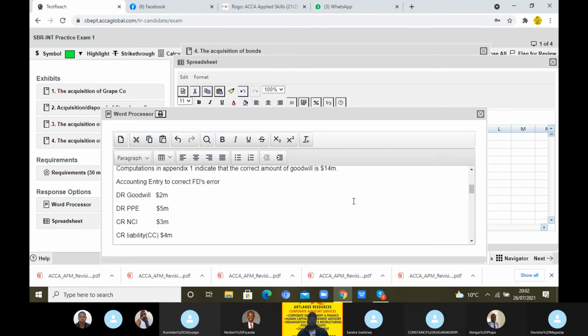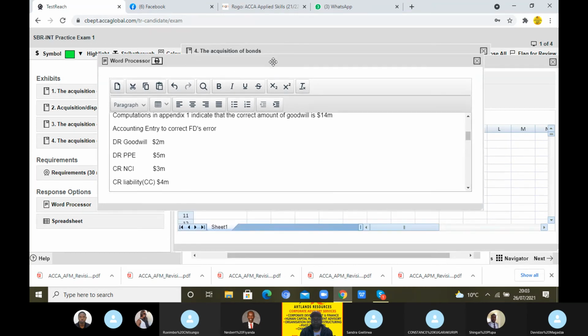So the exam, once you submit your script, the word processor and the spreadsheet will be presented as response options side by side. When this is being marked, the examiner will have them both.